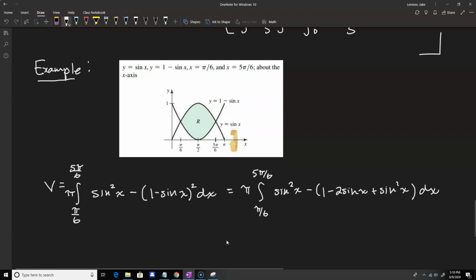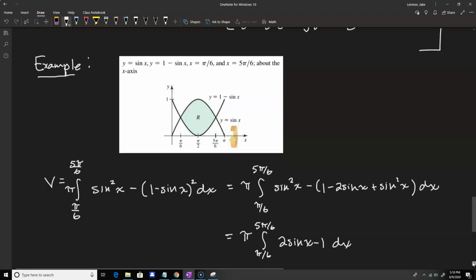So simplifying, the sine squareds of x are going to cancel when you distribute that negative, so we're really going to get pi times the integral from pi over 6 to 5 pi over 6 of 2 sine of x minus 1 dx. So that is not such a difficult integral.